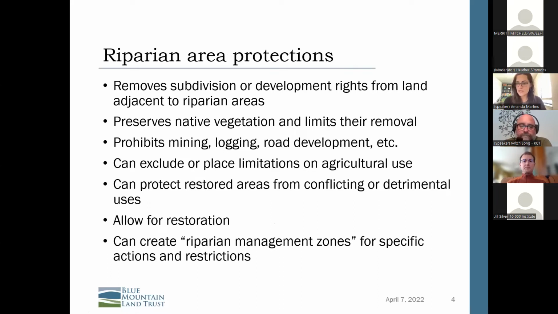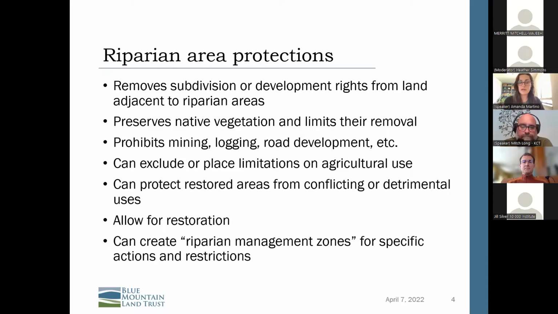So how can a conservation easement be used to specifically protect a riparian area? Well, an easement itself will remove subdivision or development rights from the land adjacent to a riparian area. So that restricts future impacts on that area. Easements can also include other provisions, such as ones that preserve native vegetation or limit the removal of native vegetation.